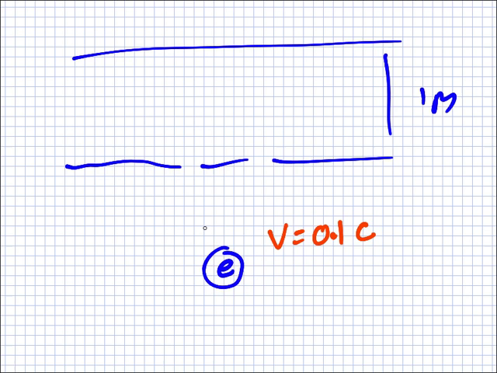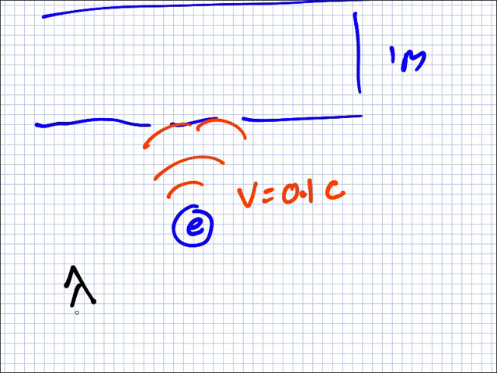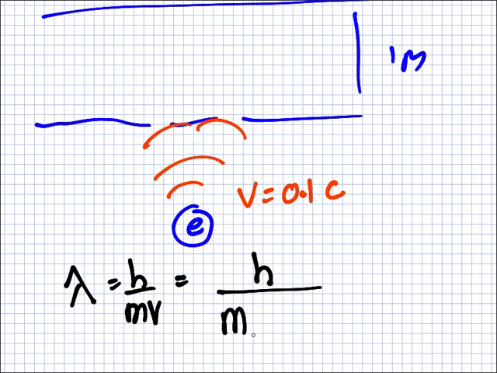If you don't look, they'll behave like a wave. So no looking, and we want to know their wavelength. So it's h over mv. H you know, m you know, I gave it to you, and the v is 0.1 c, and c you know. Give me the wavelength, please.